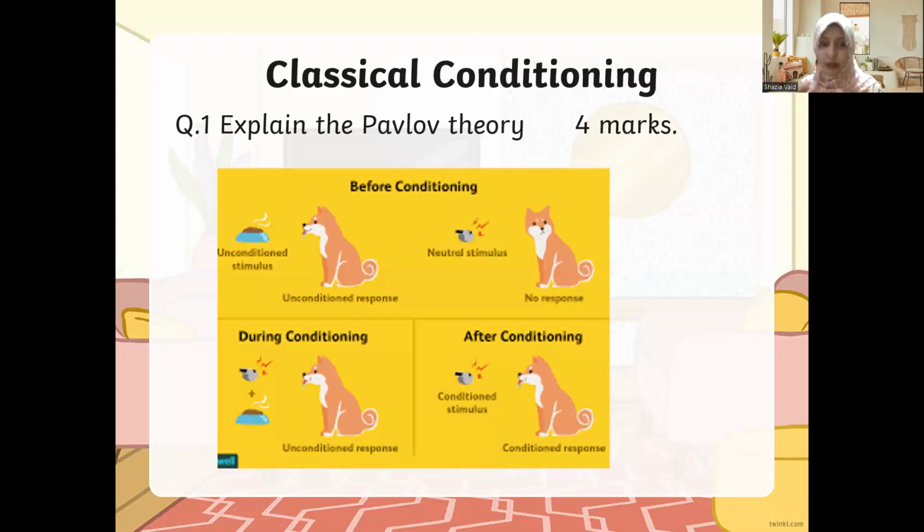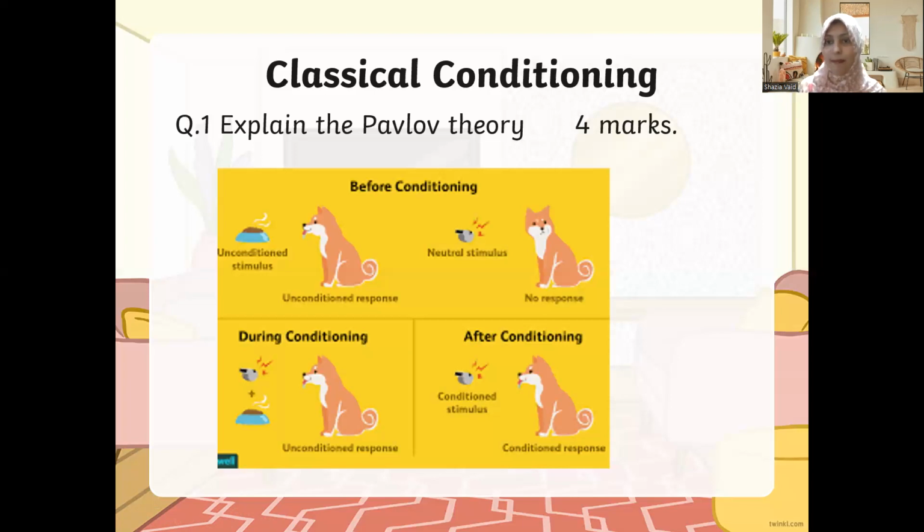So here, during learning, the dog learned to associate food with a whistle. After learning, even when the food was not present, the dog would start salivating. So this is classical conditioning.